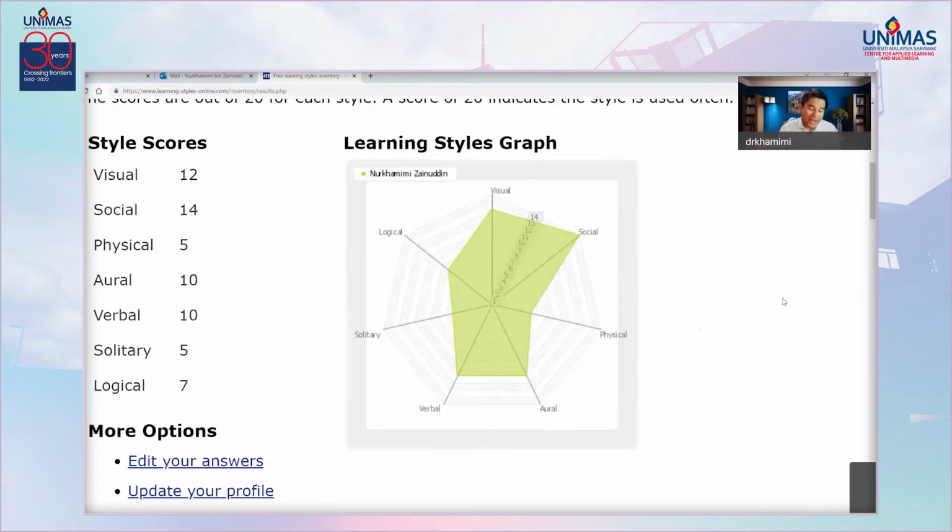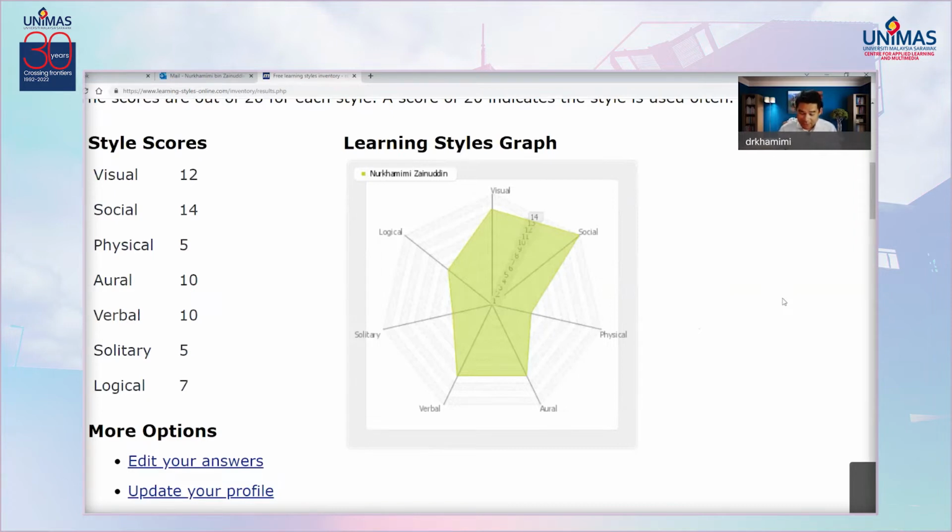So this will help you even to structure the shape in your class. When we want to modify the structure in our class, L shape, U shape, S shape, this kind of learning style can also guide us. Right now, if we arrange our students in class, the shorter person will be in front and the taller person at the back.